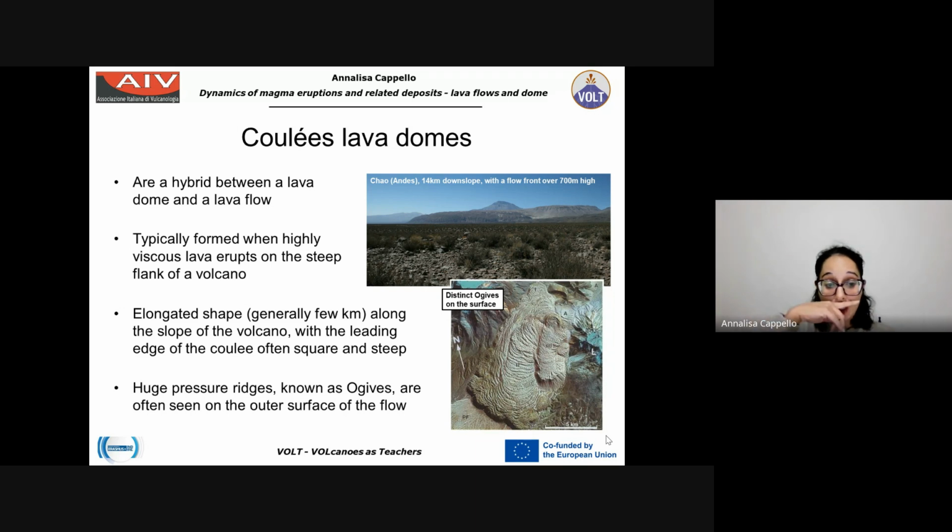For example, Chao, which is a coulée lava dome in the Andes, is an example. As you can see, it erupted on a very steep slope, which allowed the lava to flow almost 14 kilometers downslope. And this is a photo of this interesting volcanic structure.